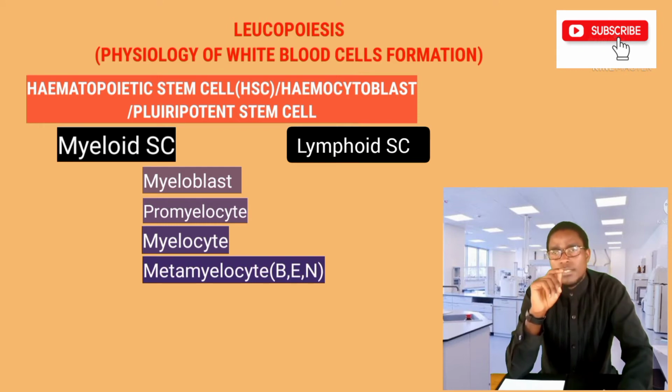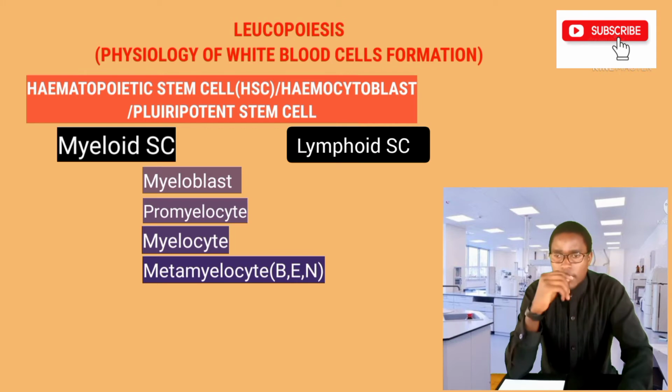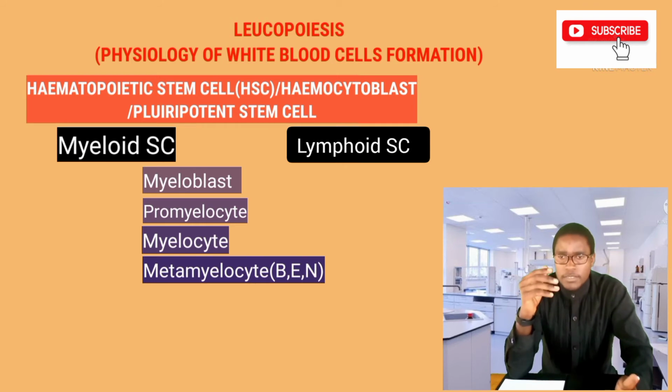At the metamyelocyte, here is a stage where we can now differentiate these cells. Because we are forming granulocytes, we must form metamyelocytes of the three types: the basophilic metamyelocyte, the eosinophilic metamyelocyte, and the neutrophilic metamyelocyte. At this stage, cells have clear staining properties of the particular cells listed.